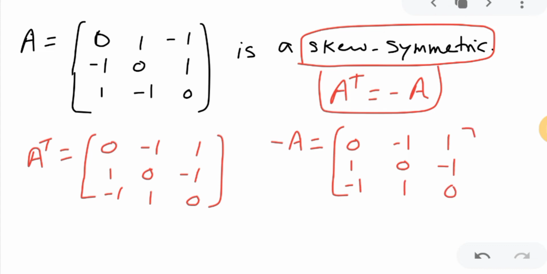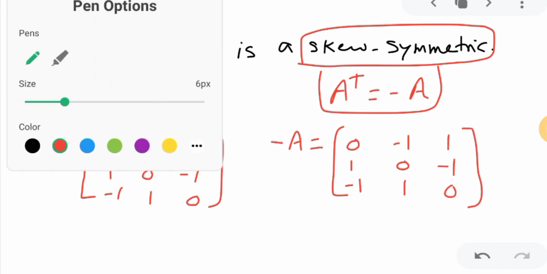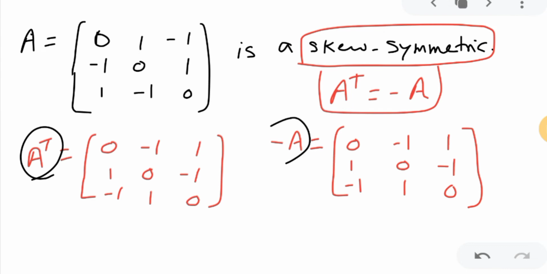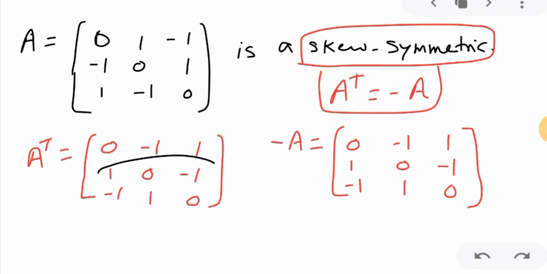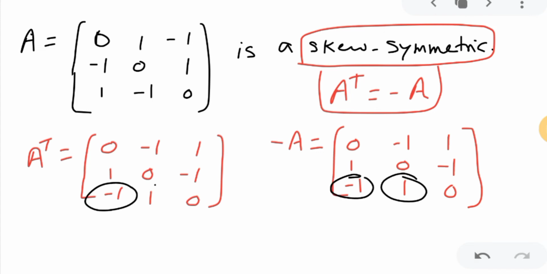Now compare this A transpose and minus A and check that both are same or not. Okay, so if you compare, then the first row is same. Correct? When you compare the second row, then obviously it is same. Second row means each element you will compare. Correct? So when each element is compared, you find that both are same.